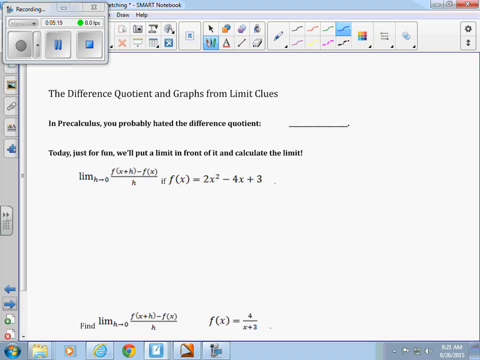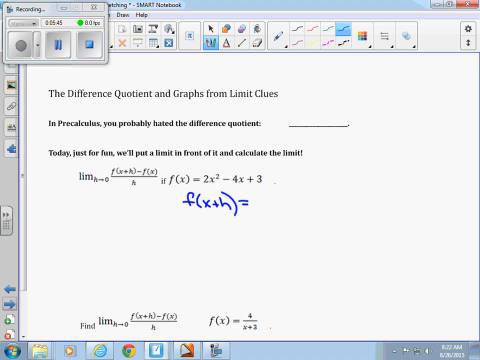The first thing I'm going to do is a side note. How in the world do you do f of x plus h? First of all, how do you find f of 1? How do you find f of 10? How do you find f of a million?